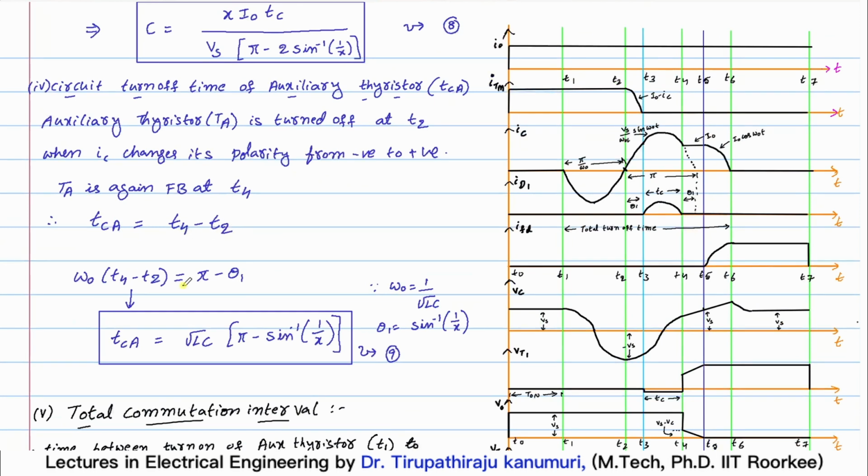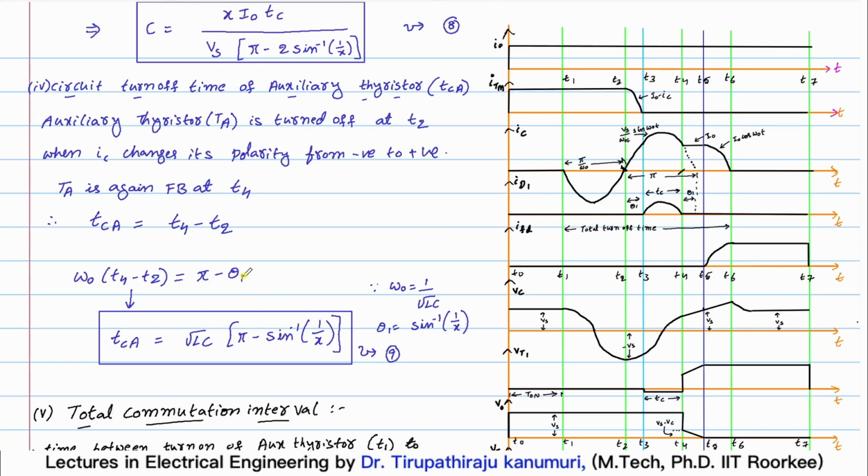This T4 minus T2 I can write as omega into T4 minus T2, that angle. You can observe here T2 is coming here and T4 is this one. This entire duration is pi, but out of pi we are not covering all of it. We are covering theta 1 less than pi, so you can write it as pi minus theta 1.